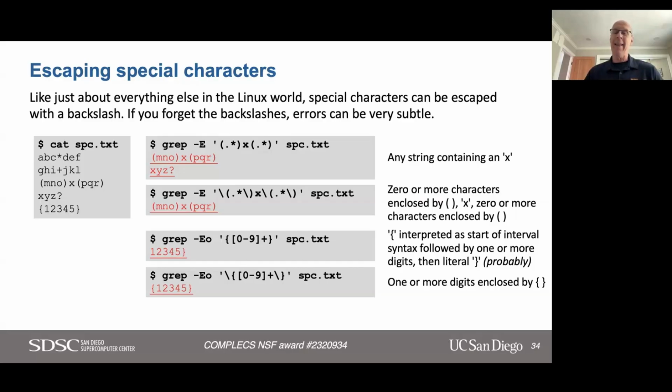Otherwise, we're not going to get the result that we expected. I think in that third example, the first curly brace is interpreted as the start of the interval syntax, but then we don't have the expected digit. So I think that's going to break things. And then the last curly brace is treated as a literal curly brace.